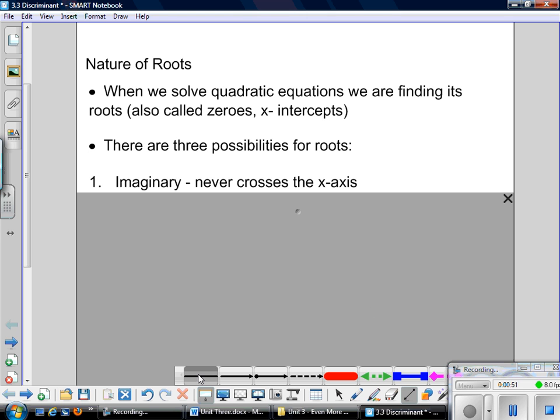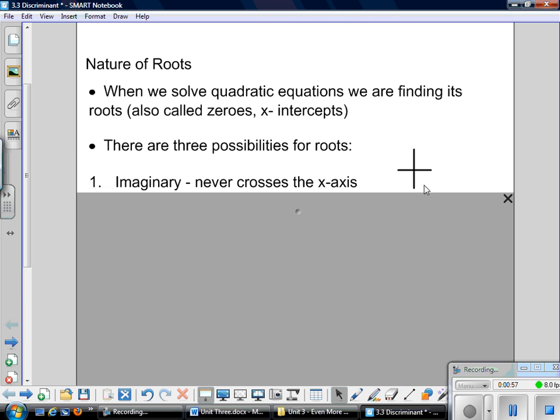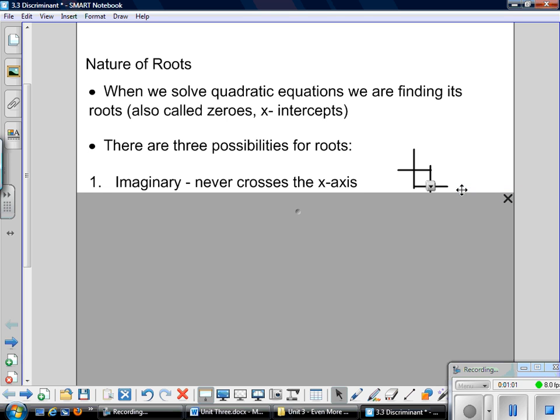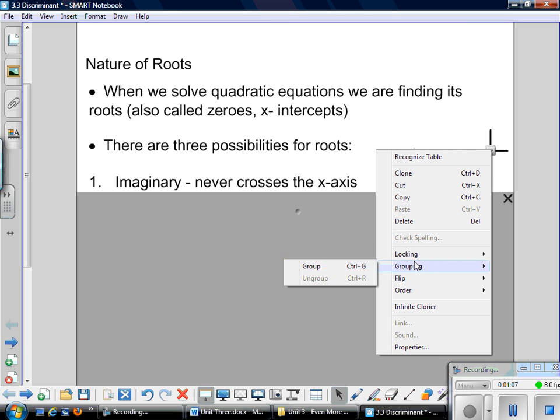So what that means when we talk about imaginary, it means that if I have my axes here, which I'm going to create, and I'm going to actually clone it and use it a few times. So I'm just going to put it over here and group it so we have it.